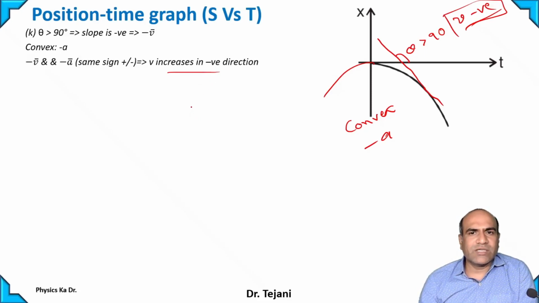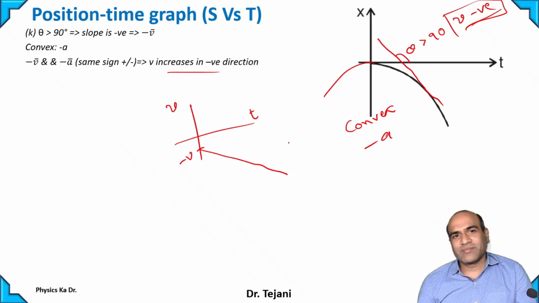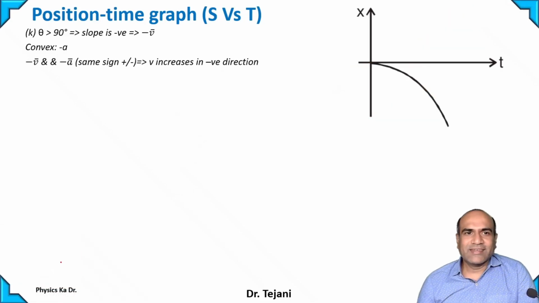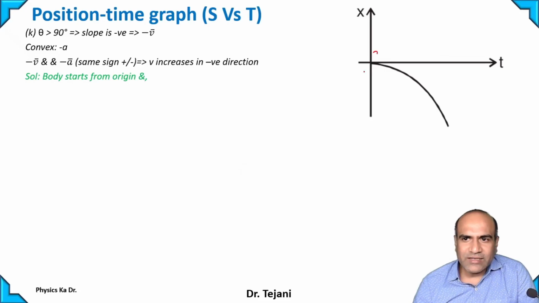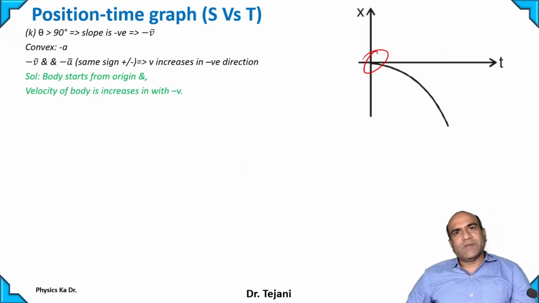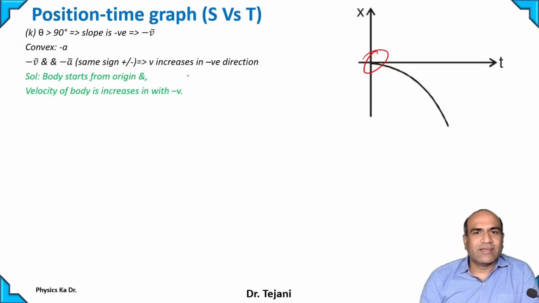Both are negative, so velocity increases in the negative direction. Here it is the v versus t graph, with negative v, increasing in the negative direction. Good. So the body starts from the origin, and velocity of the body increases in the negative direction.